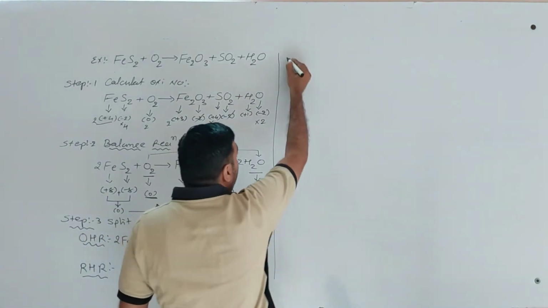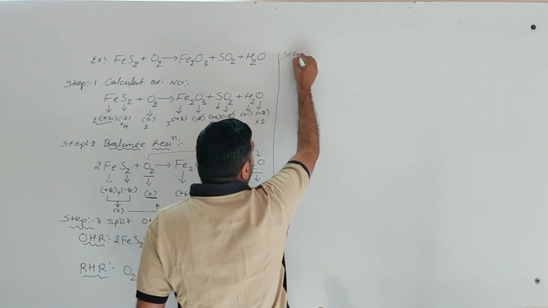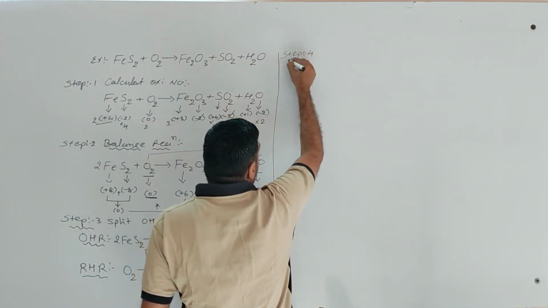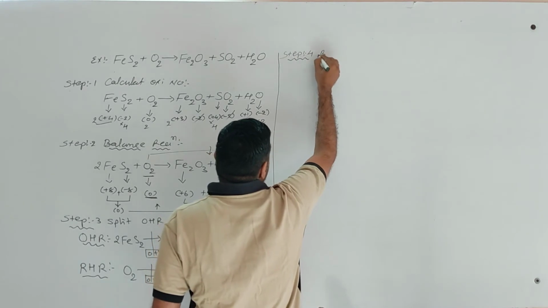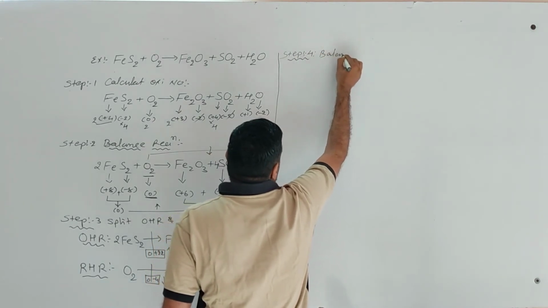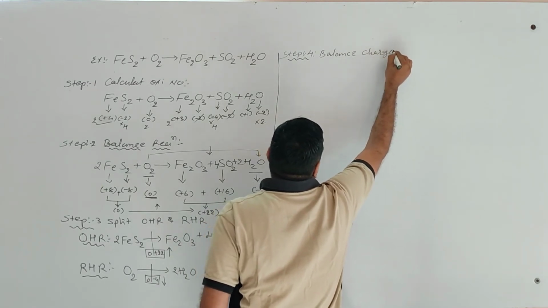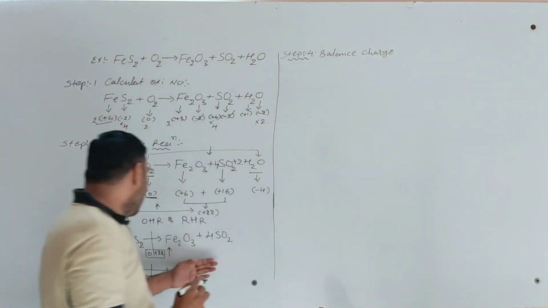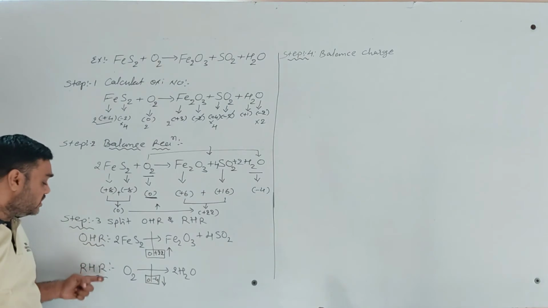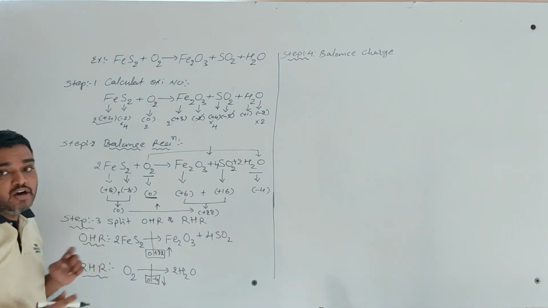Now step 4. Step 4, balance charge. Balance charge in both half reactions, oxidation half reaction as well as reduction half reaction.